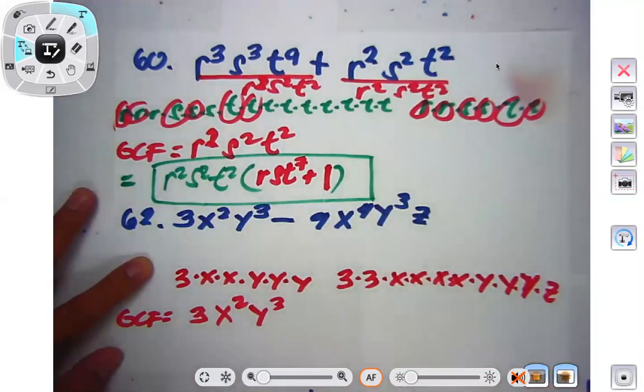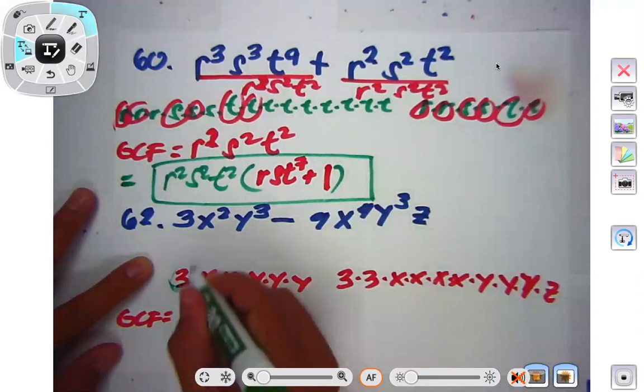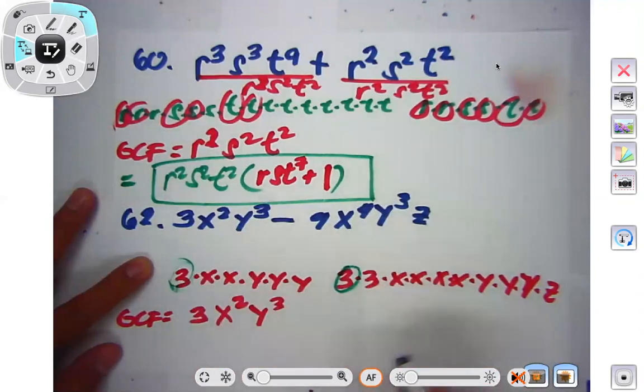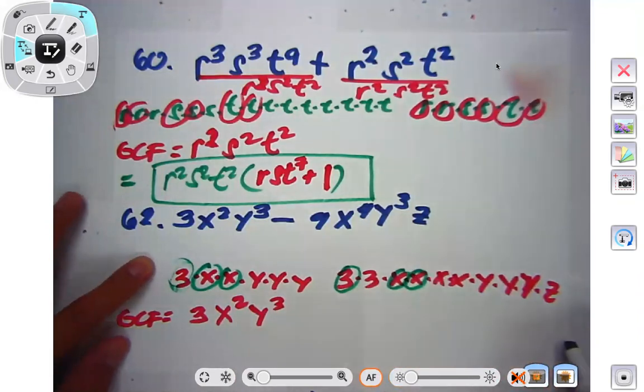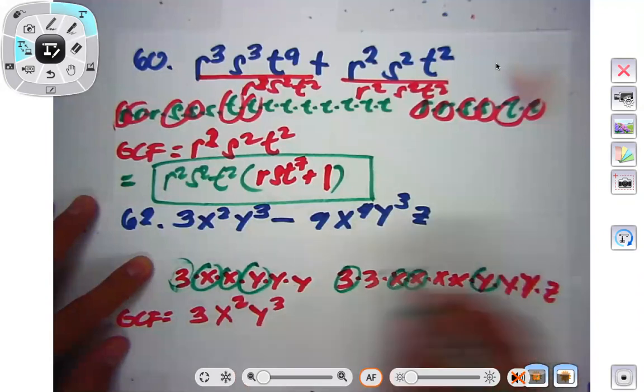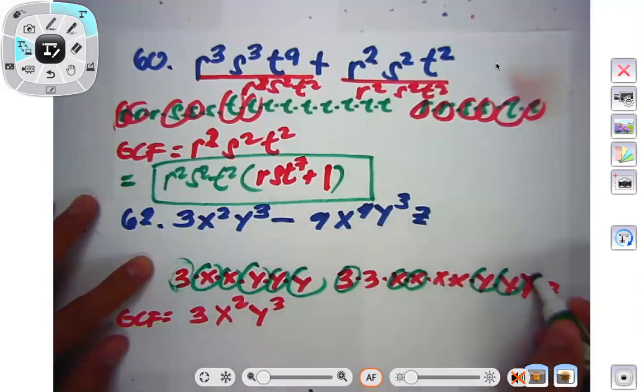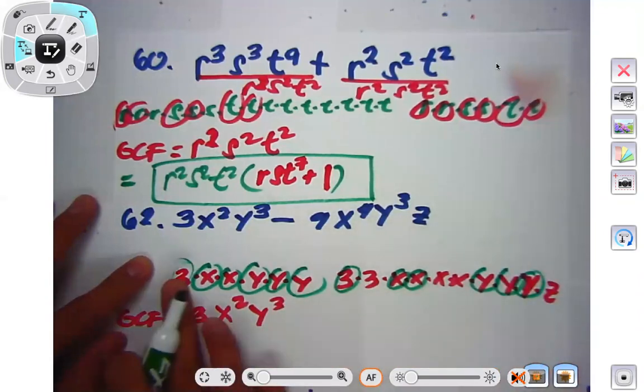Circle those common factors. You have 3. What else? x, 2 x's are common. y's, 3 y's: 1, 2, 3.